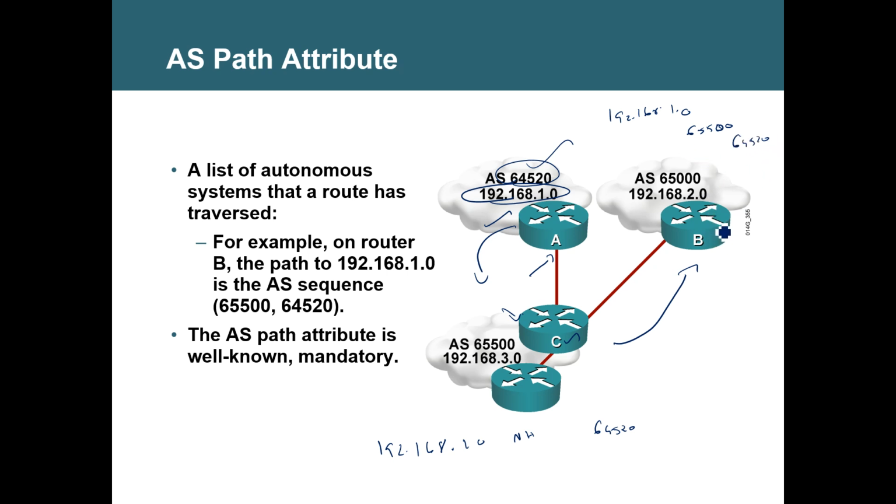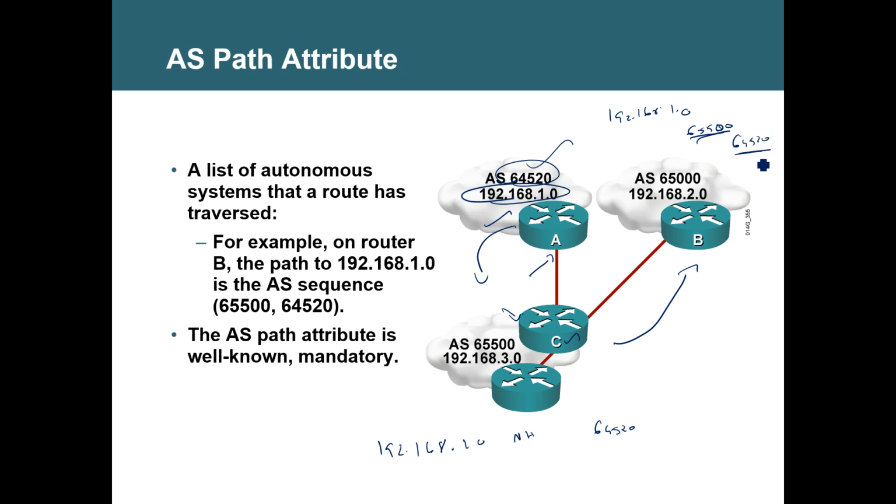So B not only learns the adjacent one, it also learns all the autonomous systems in the path. Now in the list, the very first one is the immediate autonomous system number, and the last one is the place where the network originated.